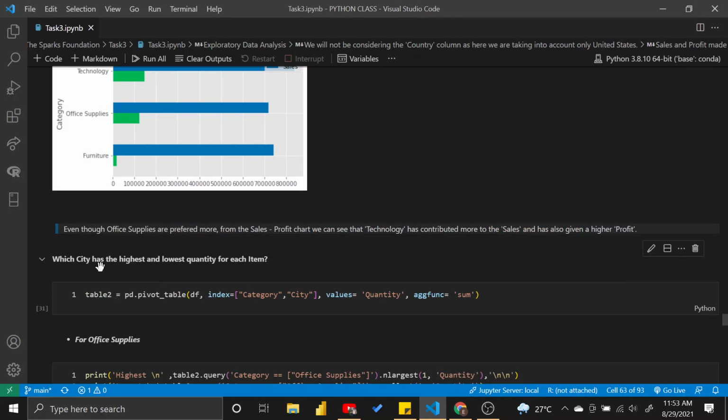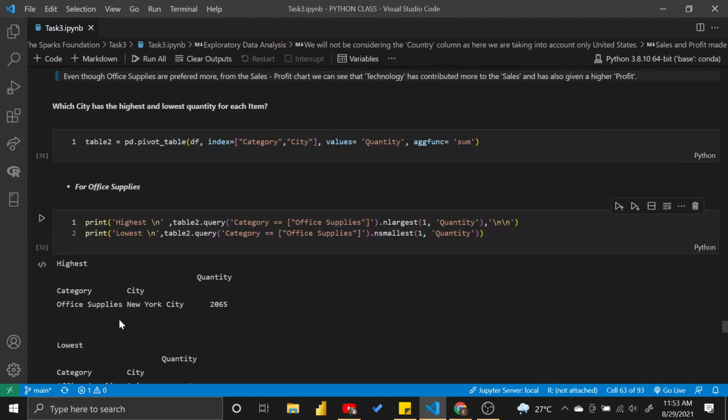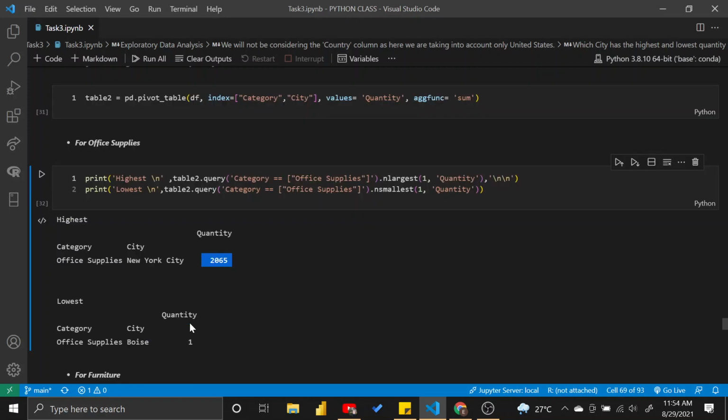So here I've done with city, which provides us the lowest quantity. For office supplies, New York City has 2065 quantities being sold. That's the highest for office supplies, and the lowest is for Boise. This right here is bivariate analysis, because I'm just comparing two columns.